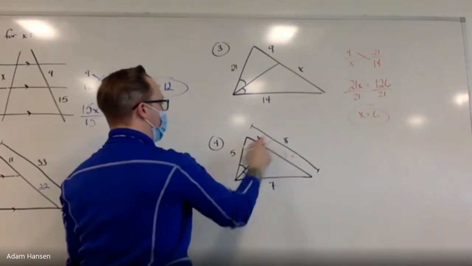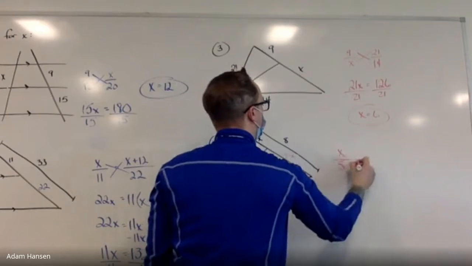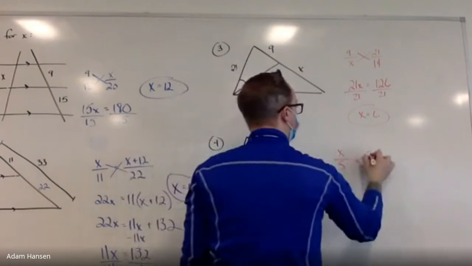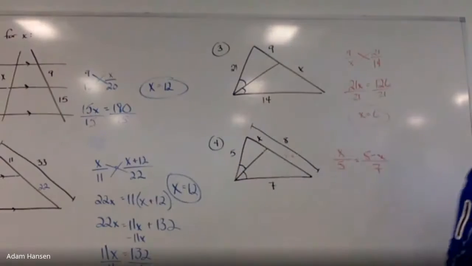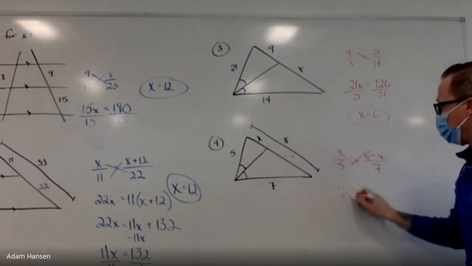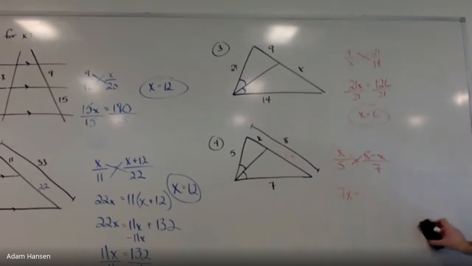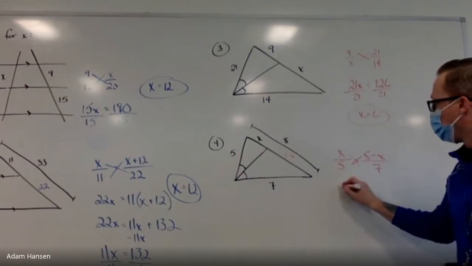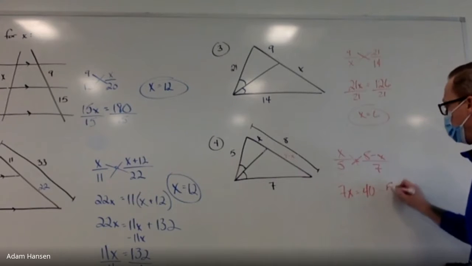Now how about x is to 5 as 8 minus x is to 7. Cross multiply, so 7x equals 40 minus 5x.